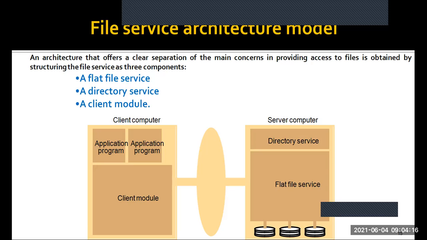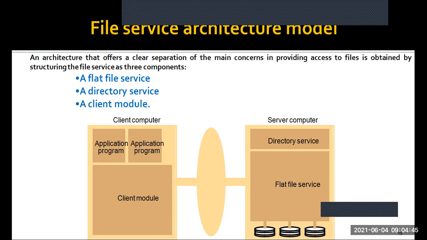So this is the file service architecture model, in which the total service has been divided into three components: a flat file service, a directory service, and also, sorry, a client module. In this file service architecture, a client computer communicates with the server computer, in which these three modules work.